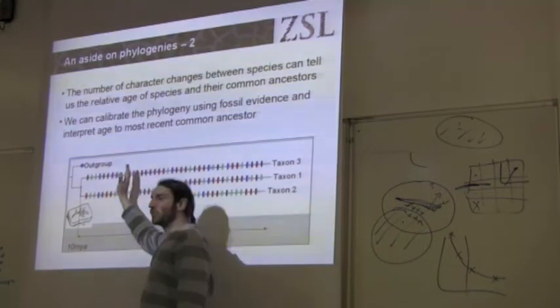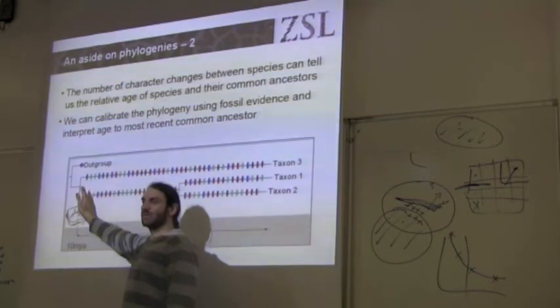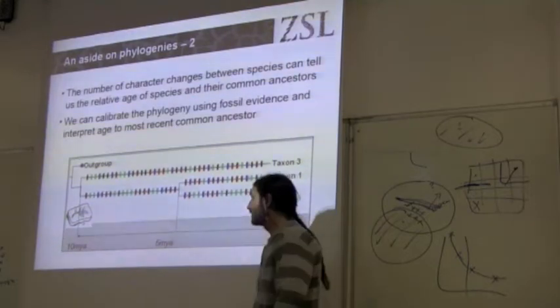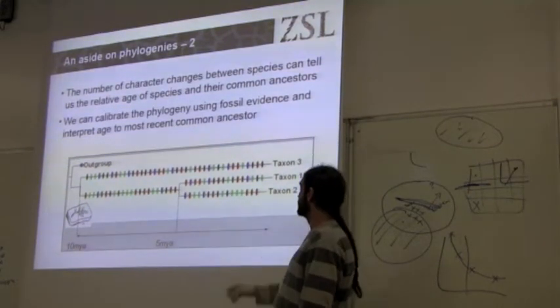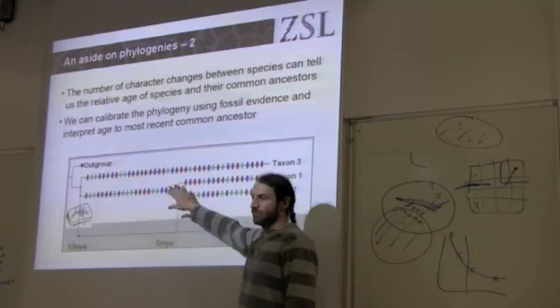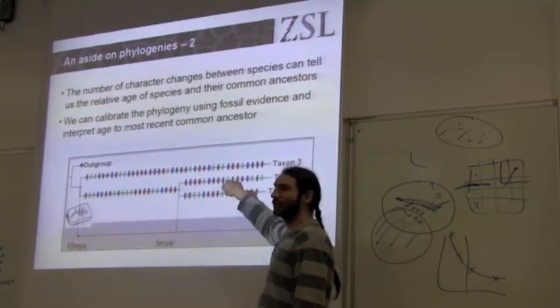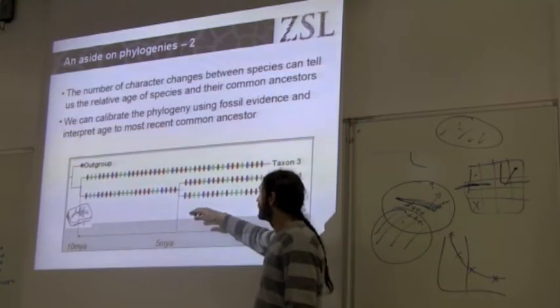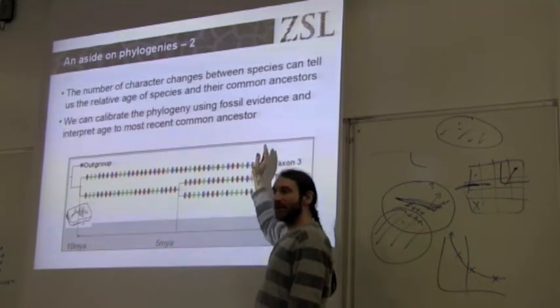We expect this to be proportional to the time to the most recent common ancestor. Okay? So in an ideal world, we have our phylogeny, we put our characters on our phylogeny, and everything lines up neatly.